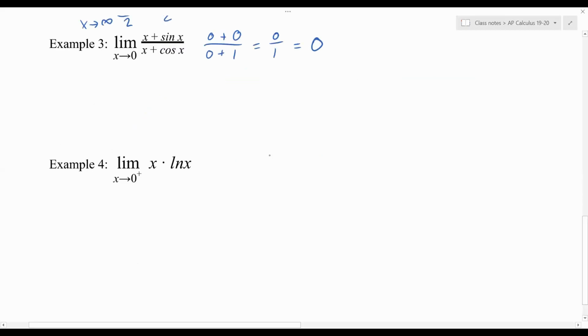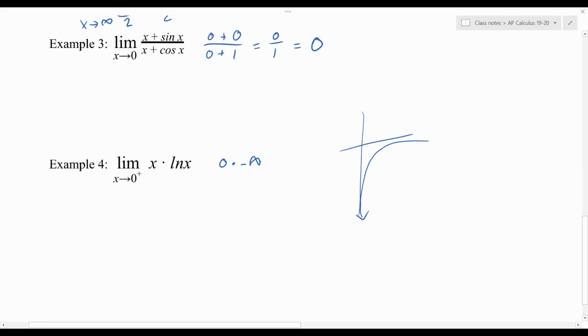Let's try one more example here. The limit as x approaches 0 from the right of x times ln of x. If we plug in 0 here, we get 0 times ln of 0. Well, the graph of ln of x at 0 goes down towards negative infinity.